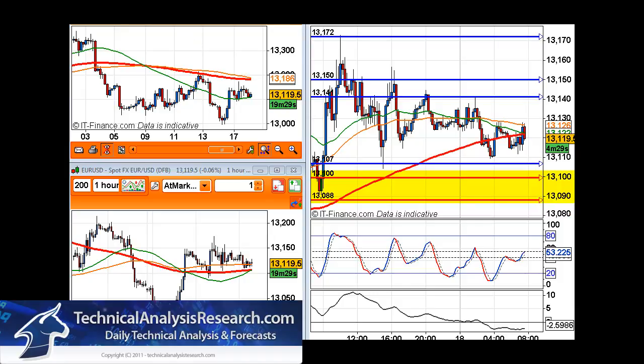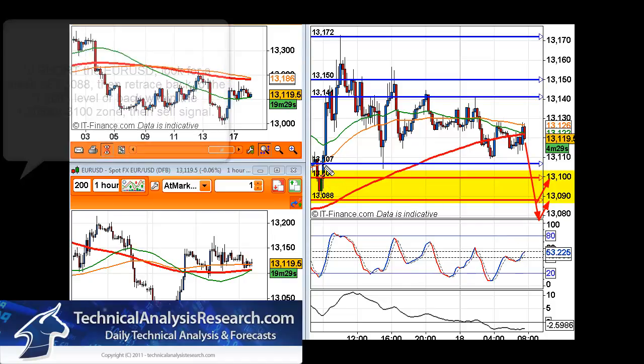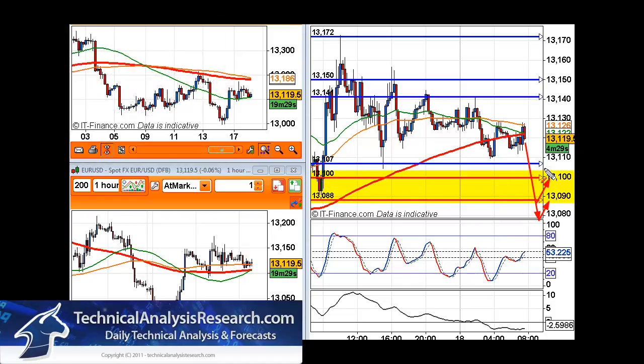And it's pretty much similar to yesterday. What we'd have to see in order to sell this market is a breakout of that 130.88, then a pullback to either the 130.88 or back within the zone up towards the 130.100, possibly even that 130.07, and then see the sell signal to get short in the market again.